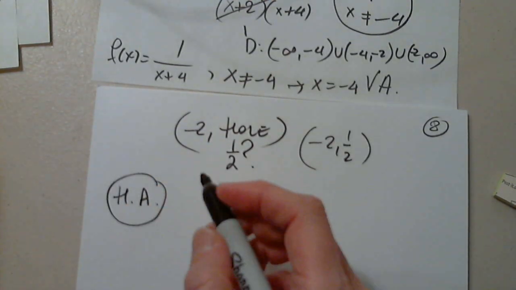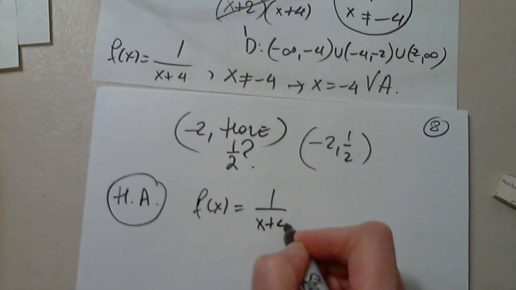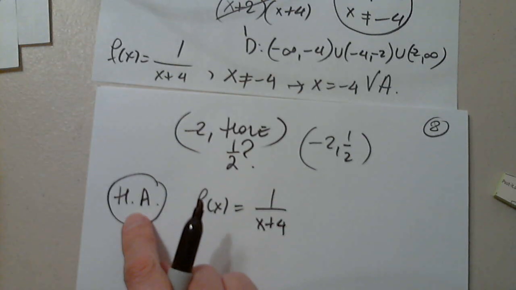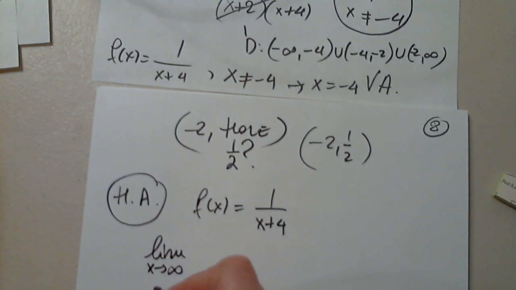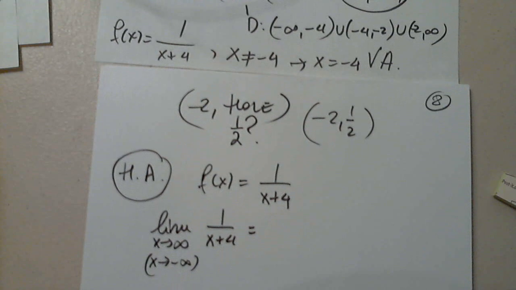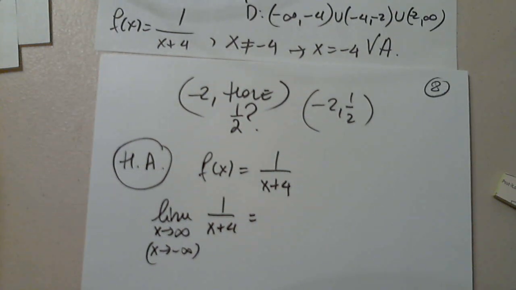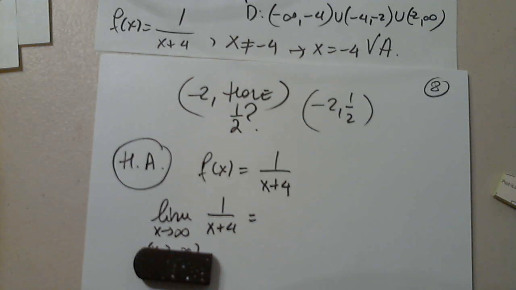F of x equals 1 over x plus 4. To find horizontal asymptotes, we find the limit as x approaches infinity and the limit as x approaches negative infinity for 1 over x plus 4. Can anyone tell us the limit? Of course, it will be the same. It's a rational function. Can anyone tell us the limit of 1 over x plus 4 when x approaches infinity?